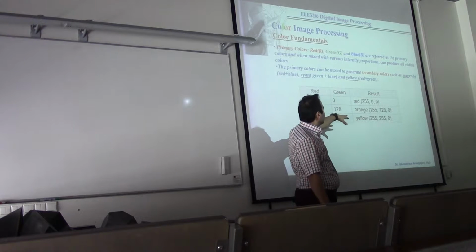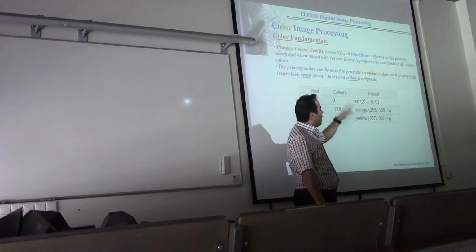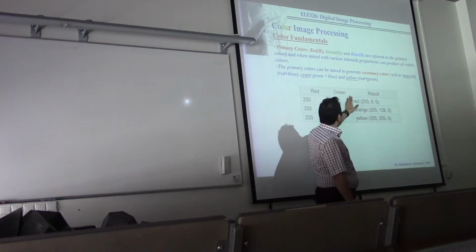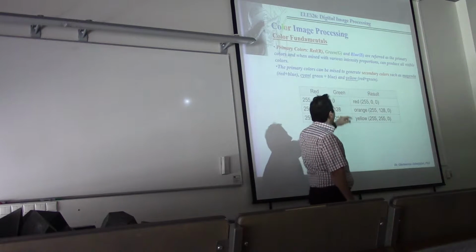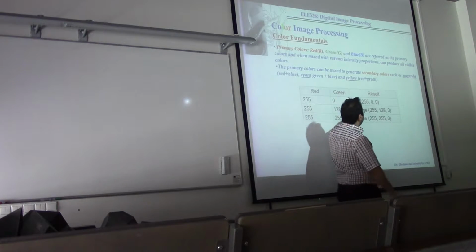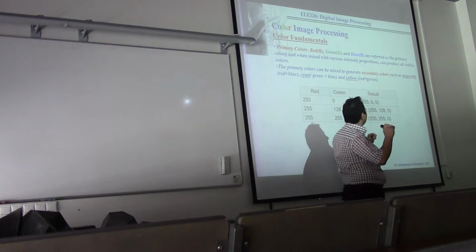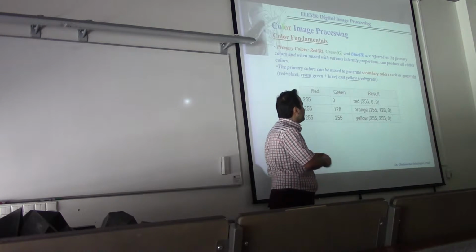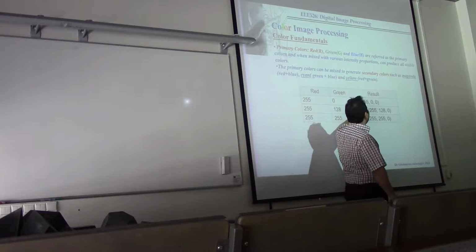It means that all the values of the blue matrix are equal to 0. As a result, when we add these matrices together, we have the color red.